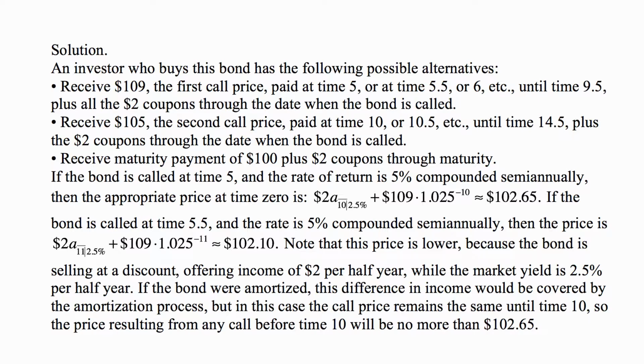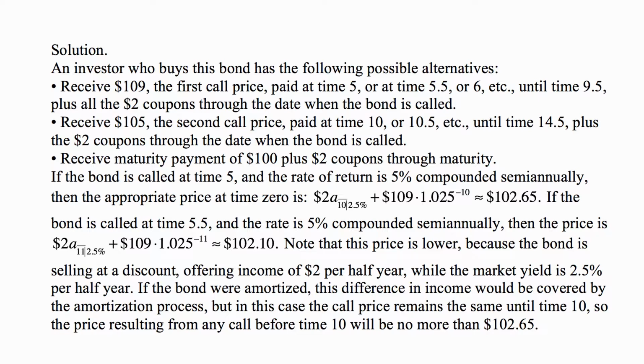The coupons are $2 per half a year, which represents a 4% annual coupon rate. Or receive 105, the second call price paid at time 10 or 10.5, etc. until time 14.5, plus the $2 coupons through the date when the bond is called. Or receive maturity payment of 100 plus $2 coupons through maturity.